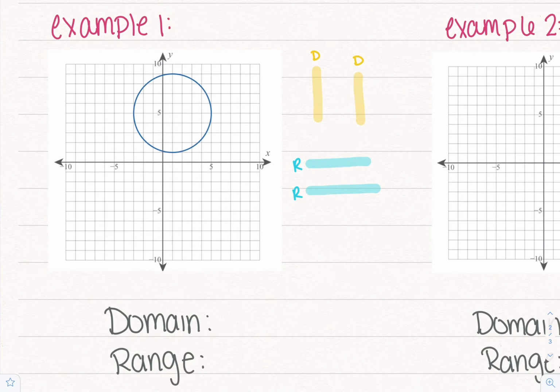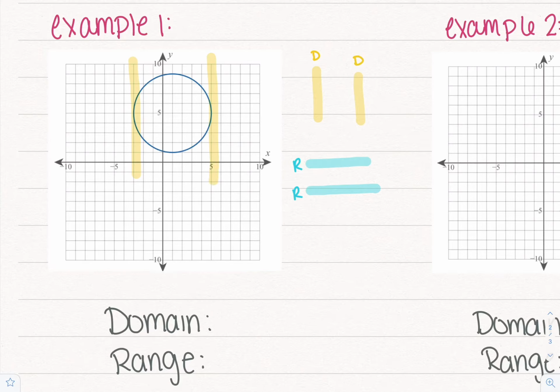So here's my first example. First example is a circle, and I am looking for the domain and the range of this graph. They didn't give me the equation, they just told me, here's the graph, find the domain and range. So if you made the strips of paper, I need to lay the 2 vertical papers as far left as the graph goes, which is right here, to as far right as the graph goes.